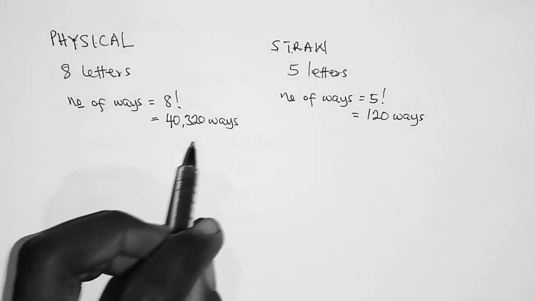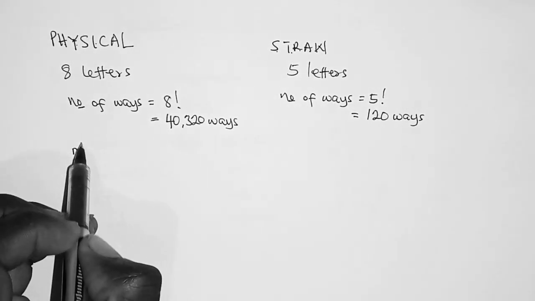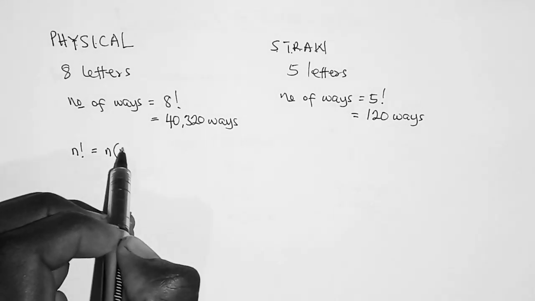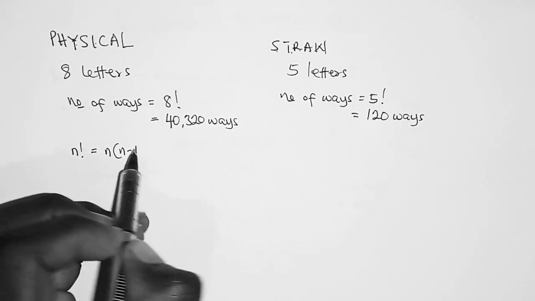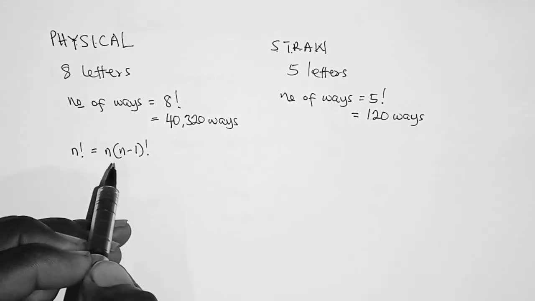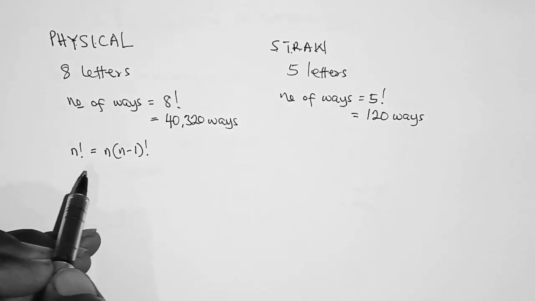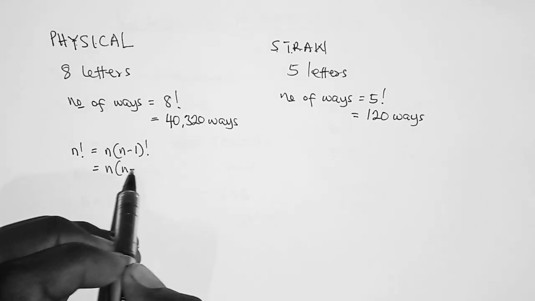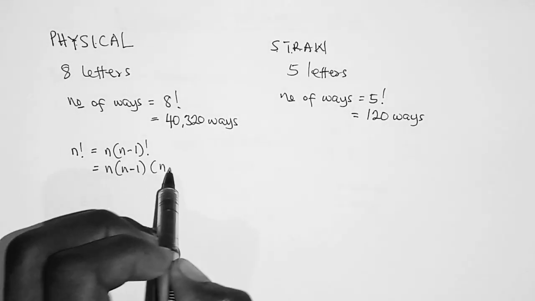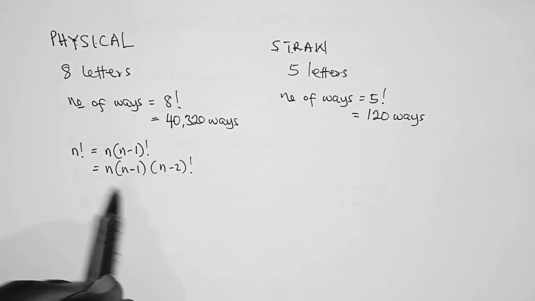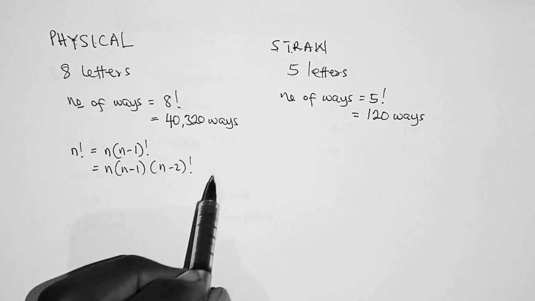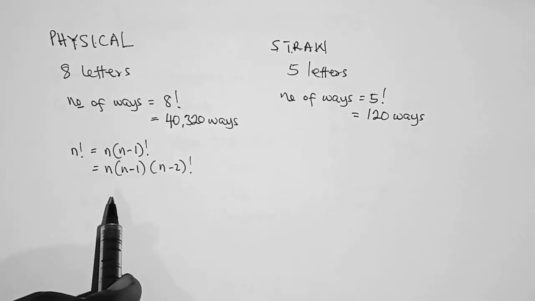Now, the way of solving n factorial is, n factorial is equal to n times n minus 1 factorial, or it can also be equal to n times n minus 1 times n minus 2 factorial. So you keep subtracting 1 from the n factorial till you get 0 factorial, which is equal to 1.